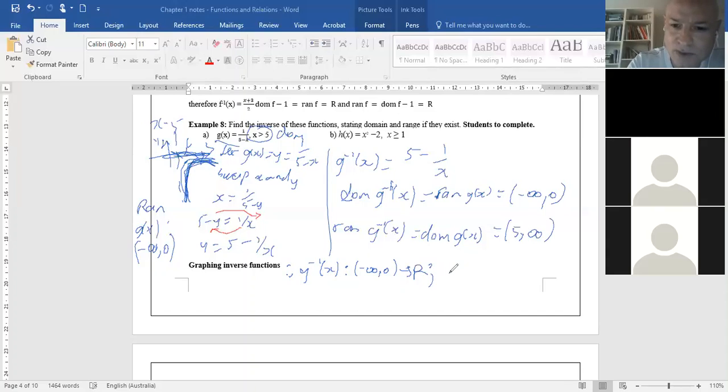Codomain is always reals. That is g inverse. G to the negative 1 of x equals 5 minus 1 on x. So that's written in function notation. I'm going to rub all that out once you guys copy it down and do the next example.